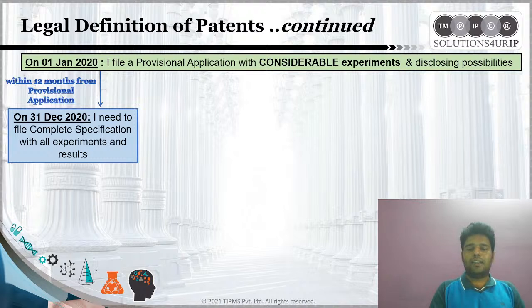There are minimum 3 forms required for a provisional patent specification. Write at your end: Form number 1, form number 2 and form number 26. Form number 1, form number 2 and form number 26.